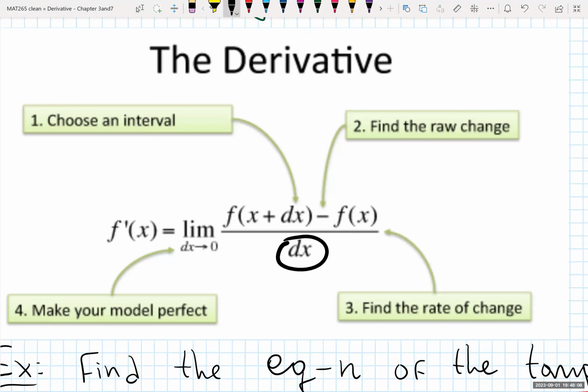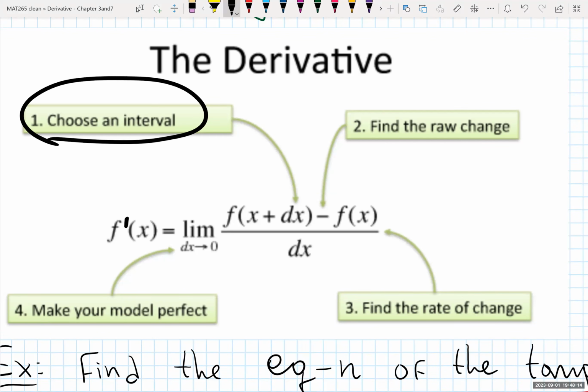That's the change in the denominator. So this is the idea of the derivative. Choose the interval. dx, usually called delta x, is a small change in time. The policeman is holding the device. You are passing. This is a couple seconds before and after you passed the device. So you choose a time interval. It's so small that we will make it go to 0.